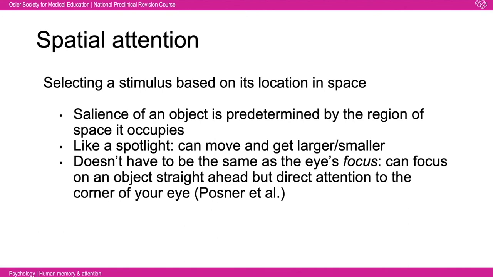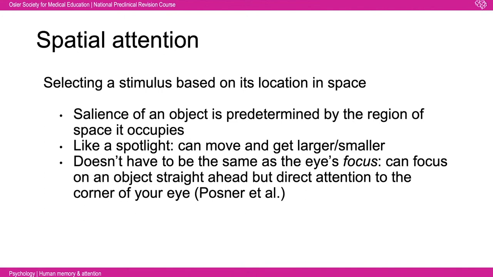So you could think of this as like a spotlight, and it's been compared to this loads. Like a spotlight, it can move, it can be bigger or smaller. So you could be paying spatial attention to one half of your visual field, or you could just be paying spatial attention to a tiny part of your visual field.